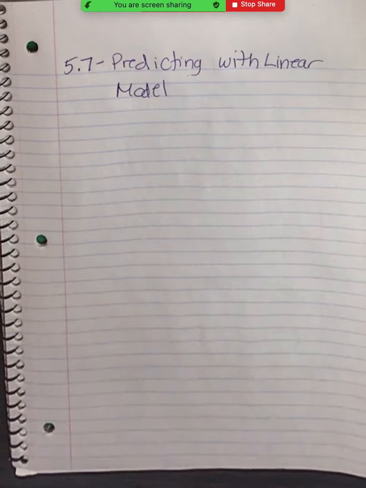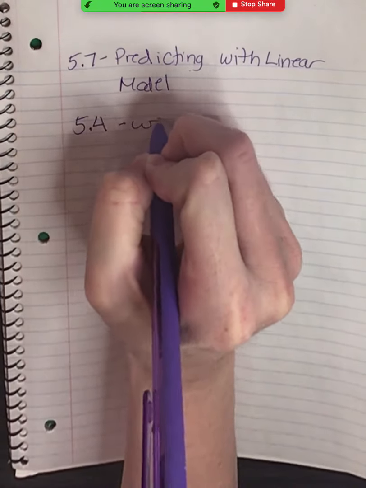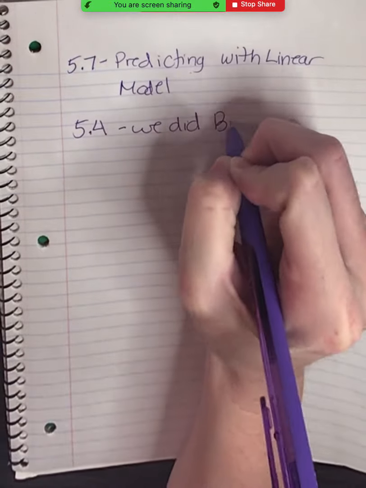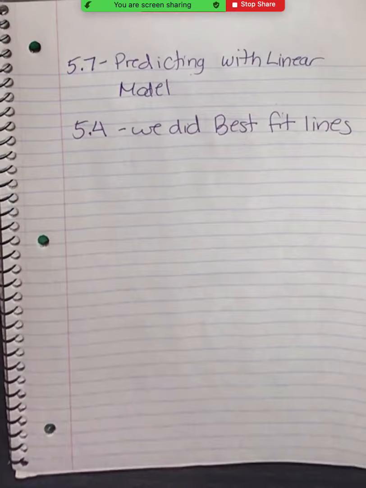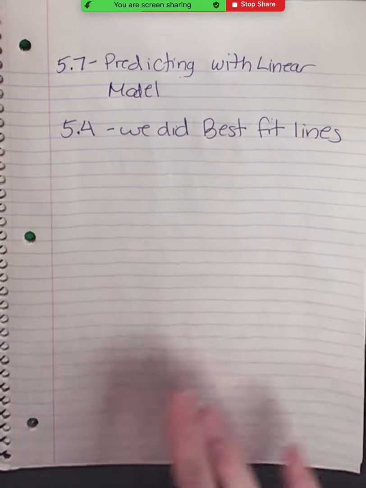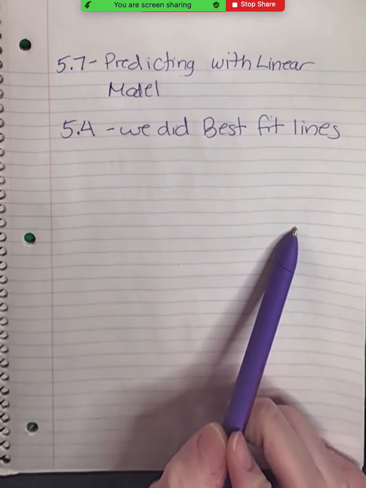So what happens with predicting is we already did the best fit line in, what lesson was that? In lesson 5.4. Okay, so we were already able to say, we looked at data and said, okay, it's linear, and we wrote the best fit, right?